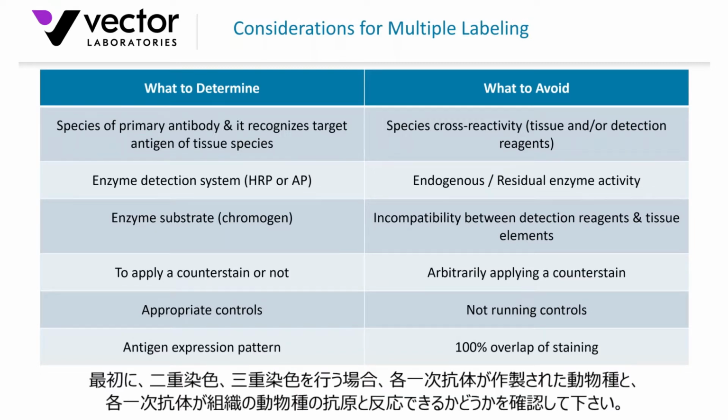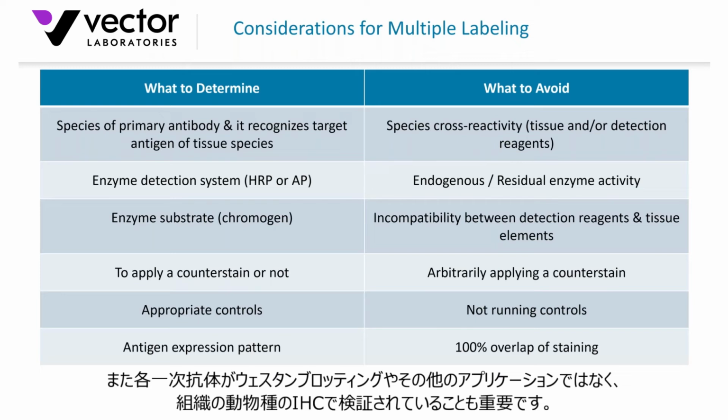But first off, in this top box here, I'd just like to point out that if you are going to introduce a second or a third label, make sure you're aware of the species of that primary antibody that you've got relative to the one you may already have in place and the species of tissue. And just ensure that that additional, second or third primary antibody that you're going to be applying on the specimen does recognize the target antigen of that tissue species.